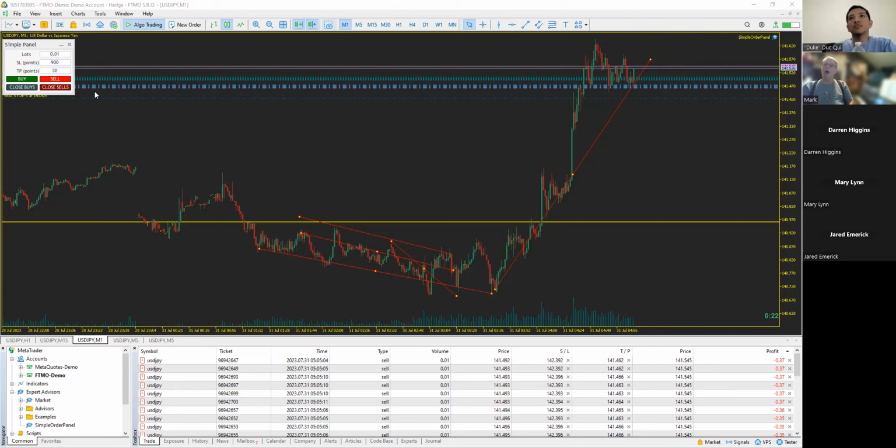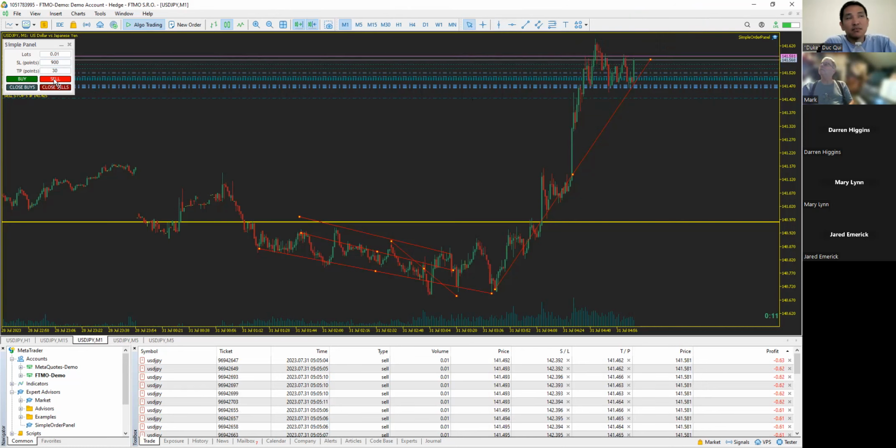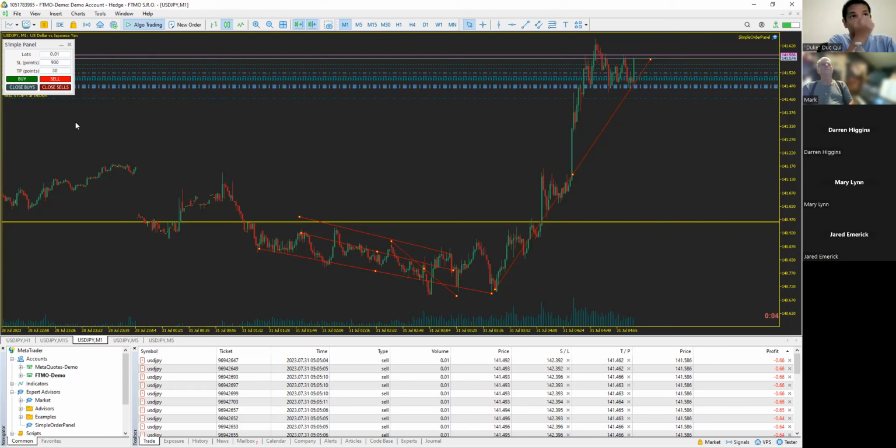Okay, so there, resistance, sell into it, sell. Sell. And now it passes. Well, it's too fast for me to even catch the buy. So now it's like, well, okay, this could be the last shot.